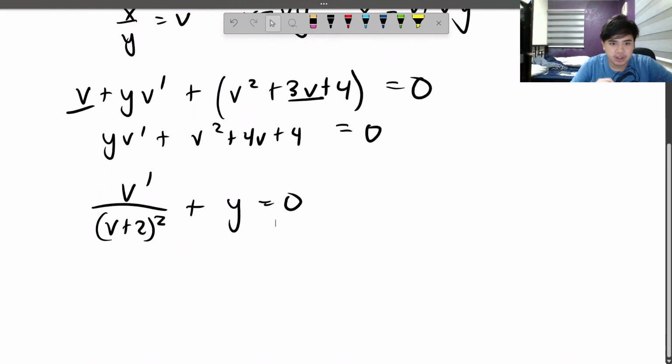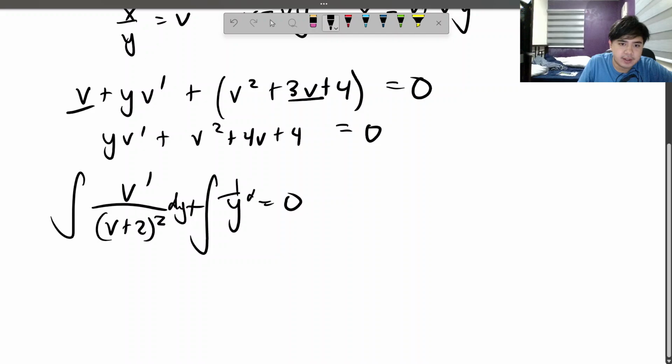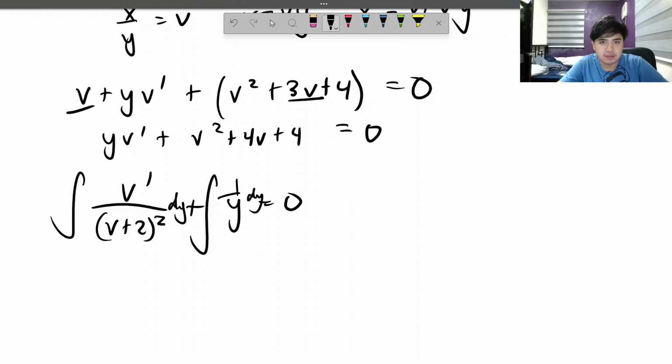This is now separated. We can integrate both sides. 1 over y, sorry, we can integrate both sides with respect to y. Again, v prime says this is a batch, meaning we can integrate with respect to v. So dv over v plus 2 quantity squared, same thing. What is the derivative of that?